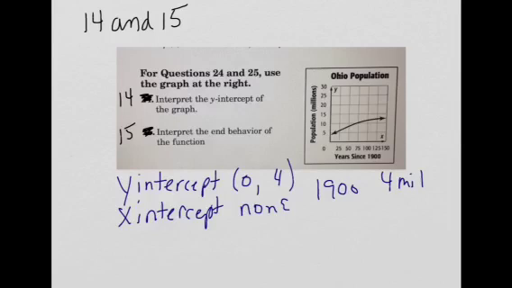And interpret the ending behavior of the function. Okay, so the population is approaching about 13 million.